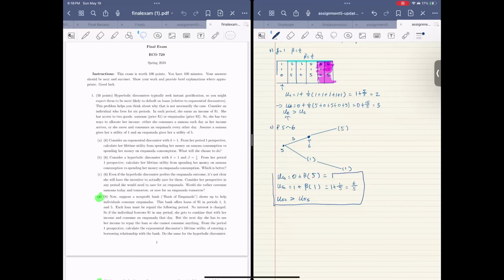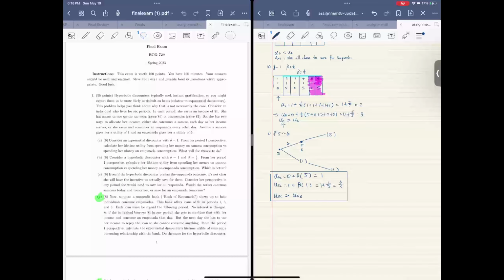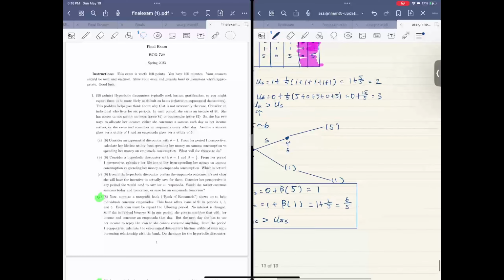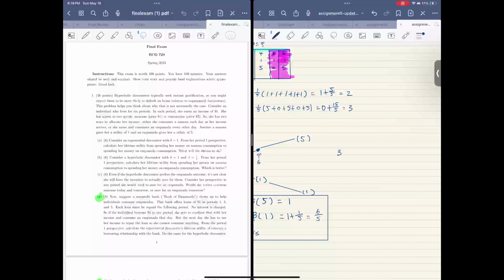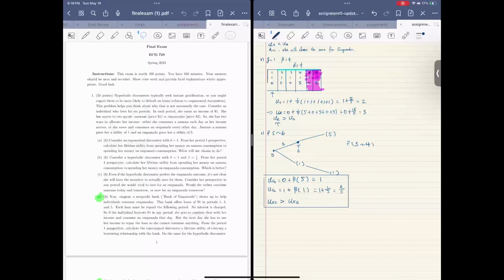So at periods 5 to 6, this person will not follow the decision that was made from day 1. And we can take a look at periods 3 to 4, which will have something similar.